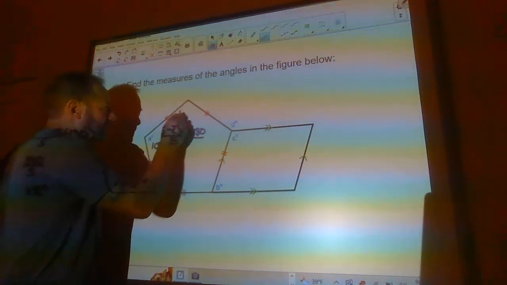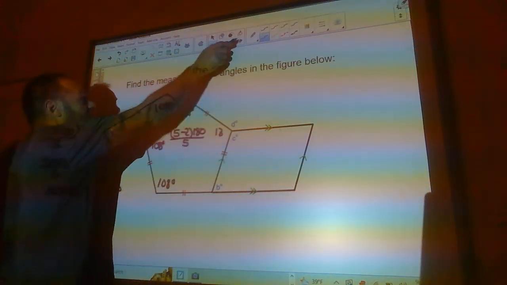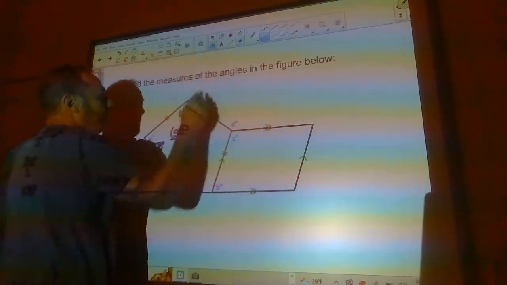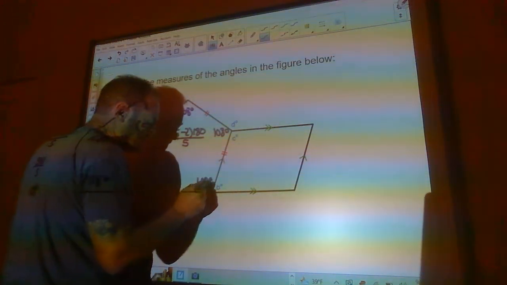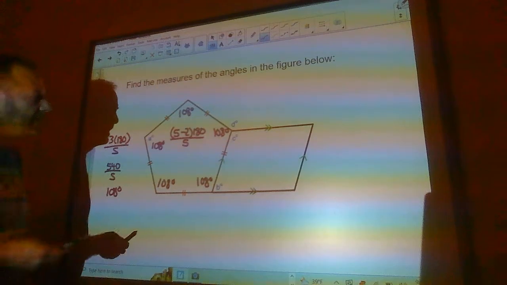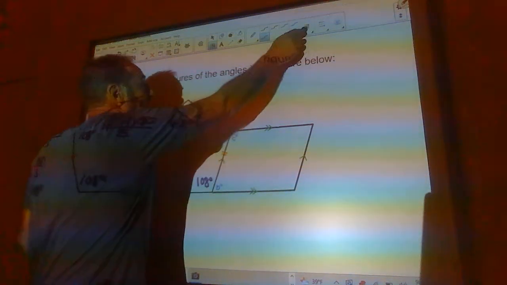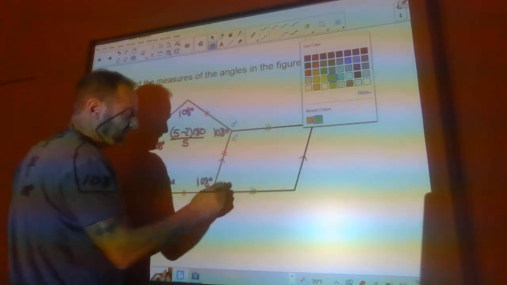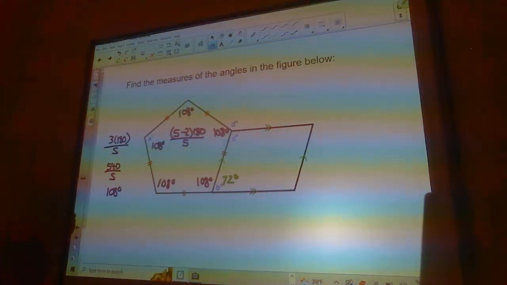So now I know A. But I also know all of the, whoops, that's not 180, that's 108. Okay, now that doesn't help me get C or D yet, but it does tell me what B is. B is going to have to be 72 because these are a linear pair, so they must add up to 180.